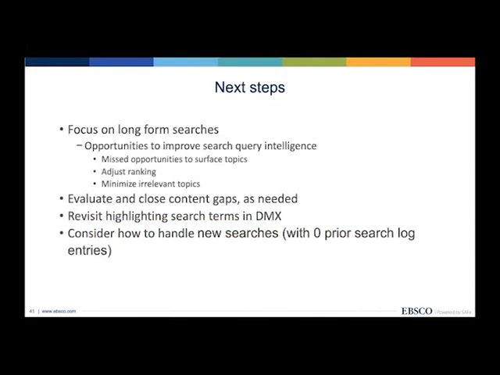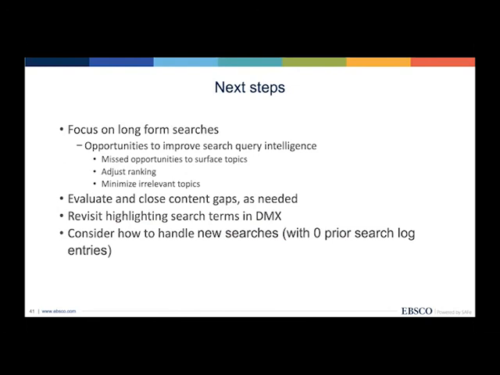And so for the next steps, the goal will be to focus on the long form searches. There are opportunities to improve search query intelligence. We missed opportunities to surface topics that users may see as relevant to their initial search term. We can also adjust the ranking, such as through click-through ranking or through the judgment list provided by the experts.